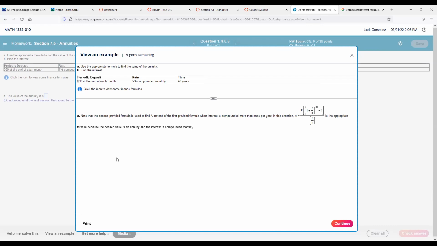It says compounded monthly, the rate. So N is 12. Okay, so let's plug all this into your formula, and you'll have your future amount.